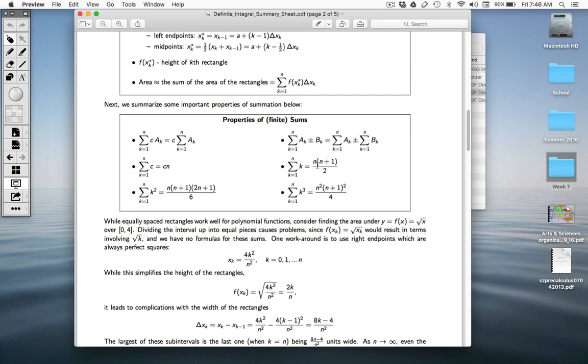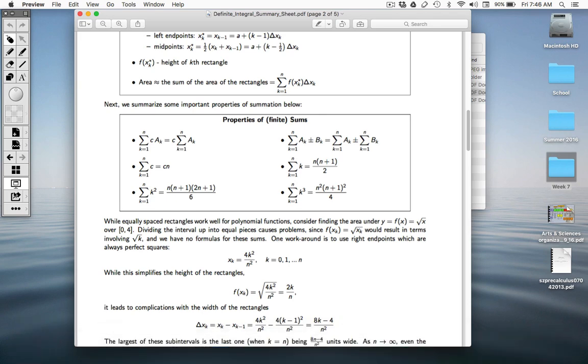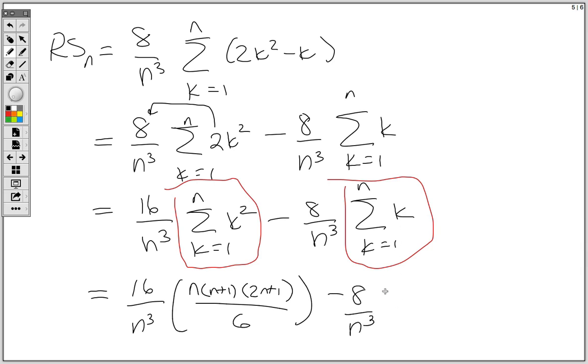The sum of k is n times n plus 1 over 2. The sum of k squared is n times n plus 1 times 2n plus 1, all over 6. So this is 16 over n cubed times n times n plus 1 times 2n plus 1 all over 6, minus 8 over n cubed times n times n plus 1 over 2. Now I want to simplify this.